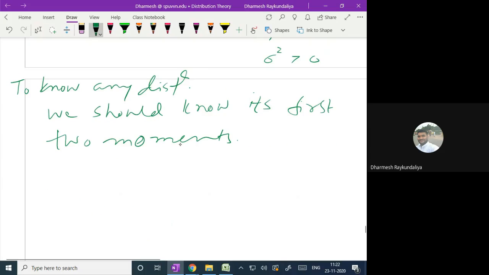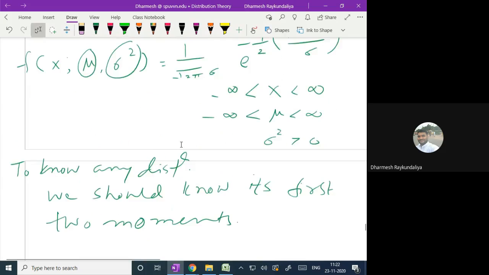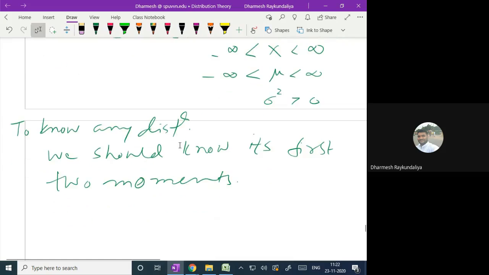For example, if the data is discrete and the mean is greater than the variance, this is an example of a binomial distribution. If data is discrete and mean is equal to variance, then it is an example of a Poisson distribution.